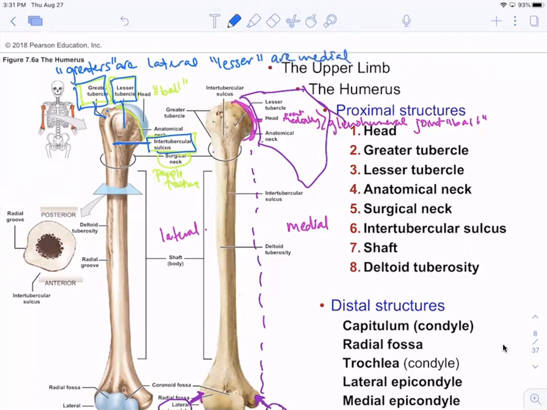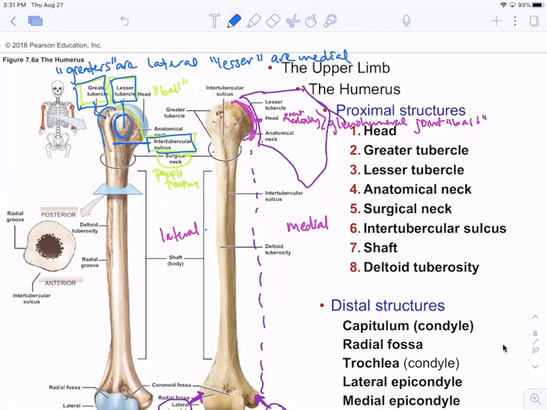And so rather than just relying on the size, you can just make the rule that with femurs and humeruses, greater is going to be lateral and lesser is going to be medial. So the greater tubercle is this bump kind of off to the lateral side, and the lesser tubercle is a bump kind of on the medial, anterior medial side.